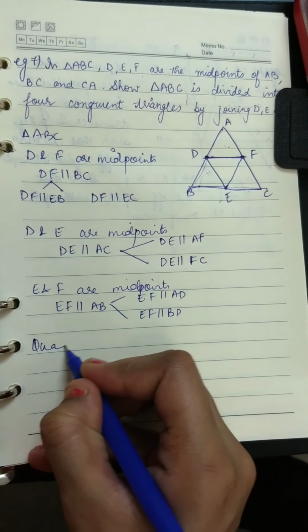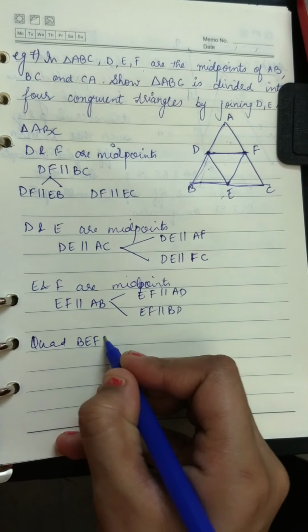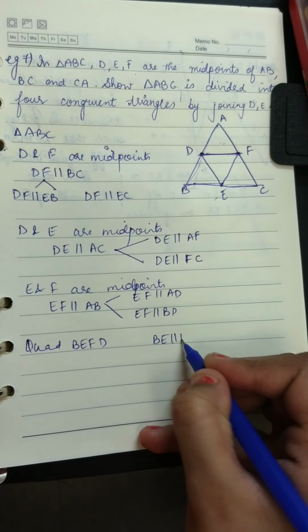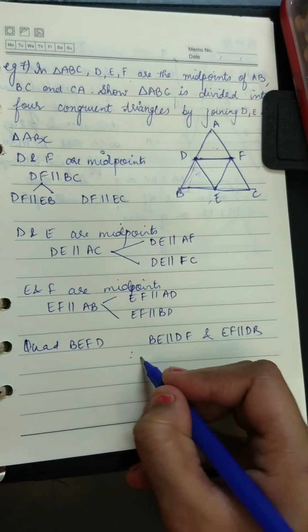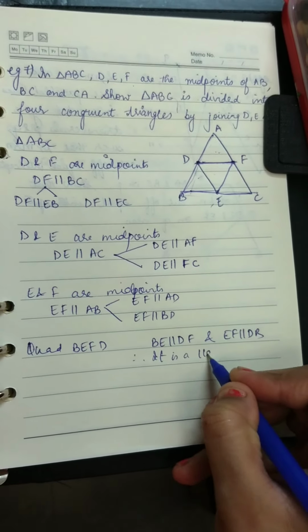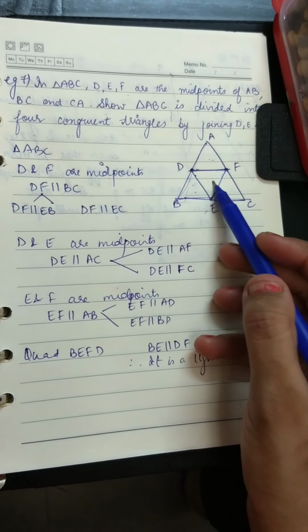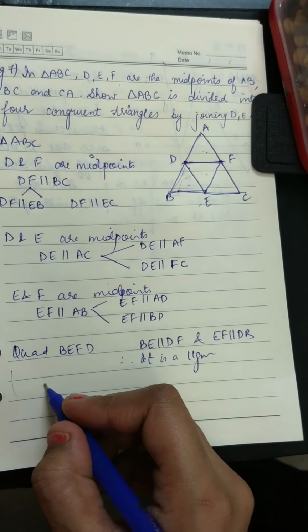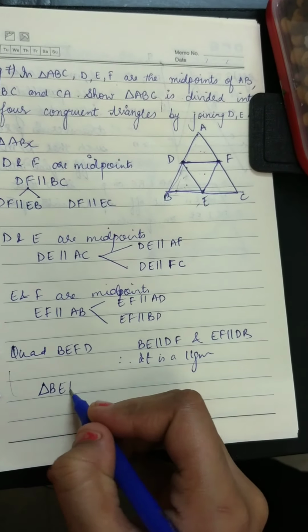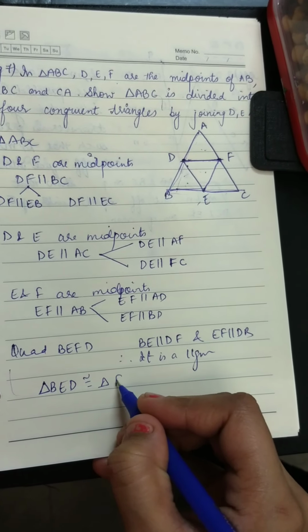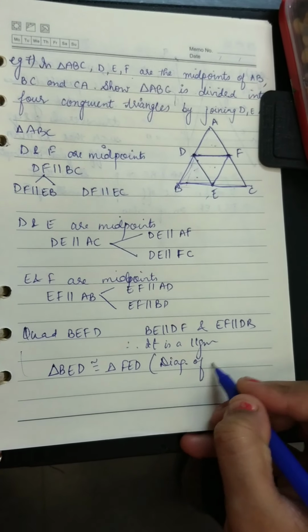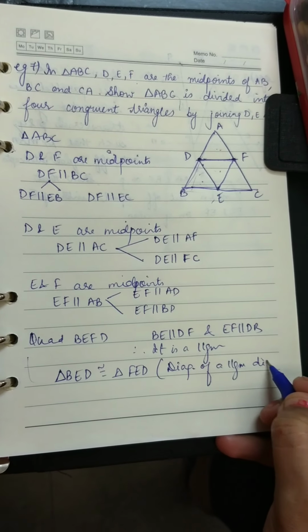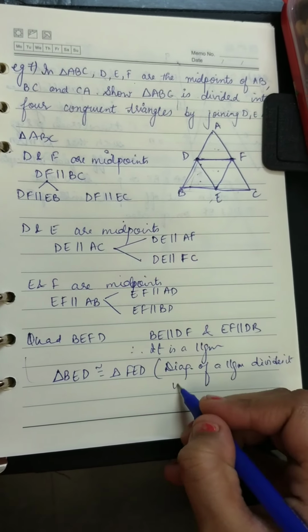Consider quadrilateral BEFD. BE is parallel to DF and EF is parallel to DB. Therefore, it is a parallelogram, and we know that a diagonal divides a parallelogram into 2 congruent triangles. So triangle BED is congruent to triangle FED.